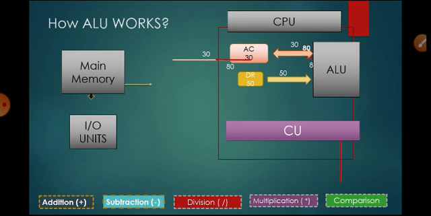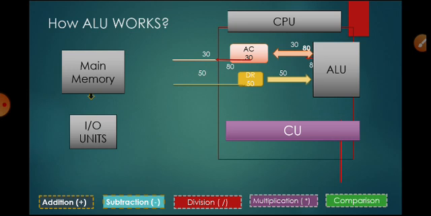Then the second number, which is 50, and this second number is saved in another register known as DR. So here, if I am going to add 30 plus 50, 30 is stored in AC and 50 is stored in DR. AC and DR both are the registers.